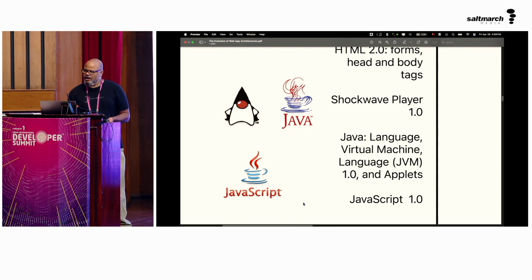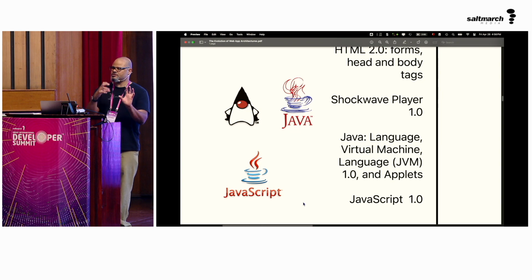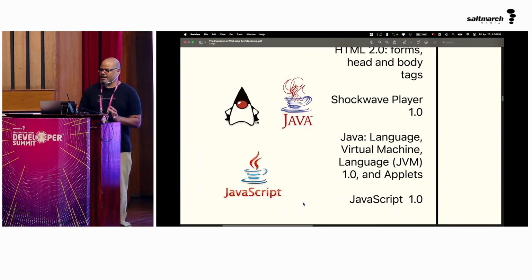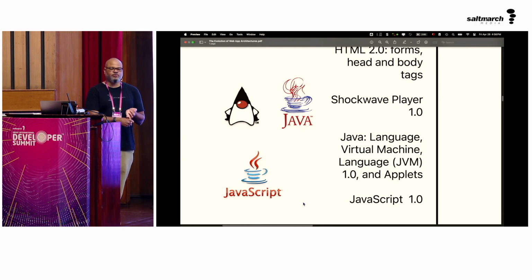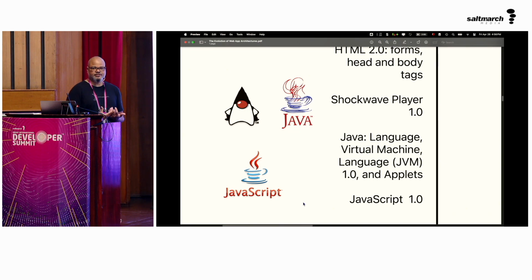They were also saying, well, we want to build cooler things, so let's use these escape hatches of plugins, right, to add Java applets and Shockwave stuff as well, okay? So with those technologies, you could make things even more powerful. You could do animations, you could do games, you could do all sorts of things that HTML just couldn't do at the time, okay? And seeing this, Netscape introduced JavaScript.